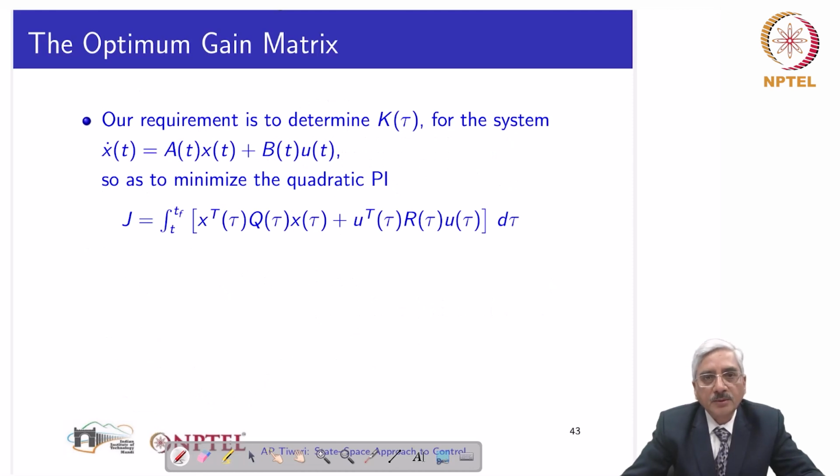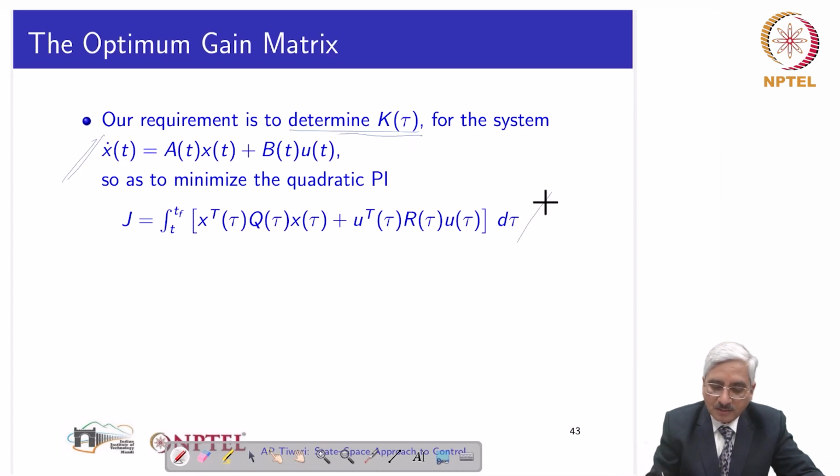Now we come to using that solution to determine the gain matrix. The derivation will be given in the next part of the lecture. However, we state the problem along with the solution that we required to determine the K for this time varying system, and that K is to be determined so that this performance integral is minimized.